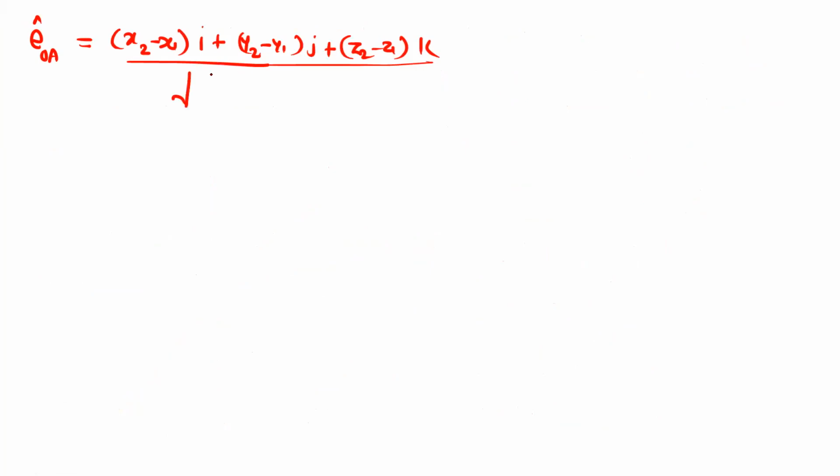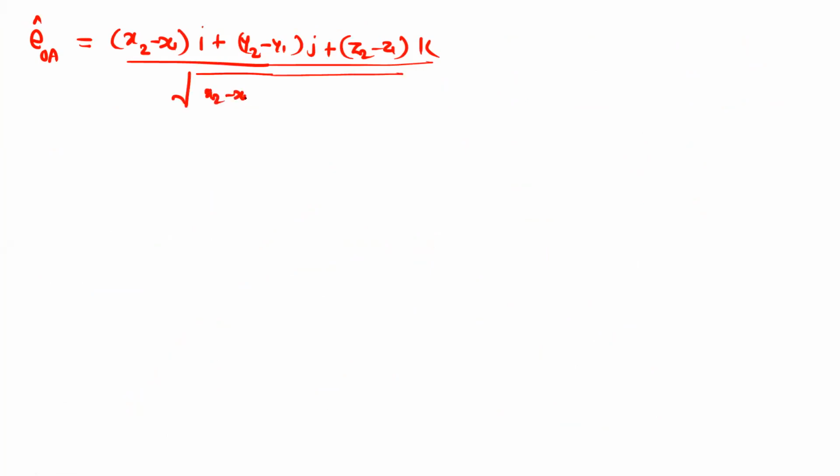So the unit vector OA will be (x2 minus x1) into i plus (y2 minus y1) into j plus (z2 minus z1) into k, divided by the mod of this position vector.